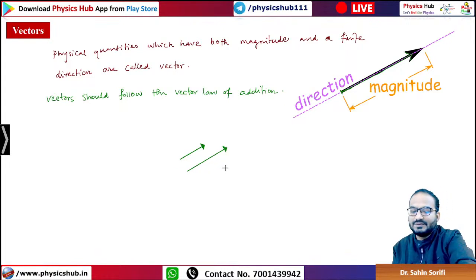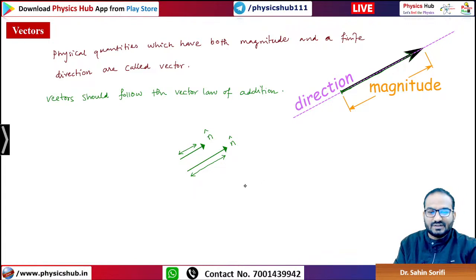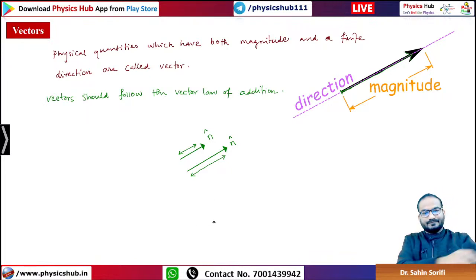So what is the difference between these two vectors? Although they have the same direction, let's say n cap direction, both of them have n cap direction, but the magnitude of this vector is larger than this. So sometimes by the length the magnitude is noted. So this is the basic idea of vectors.